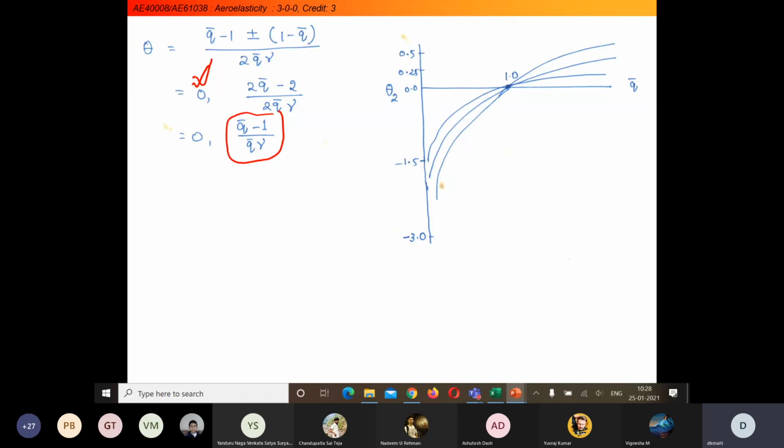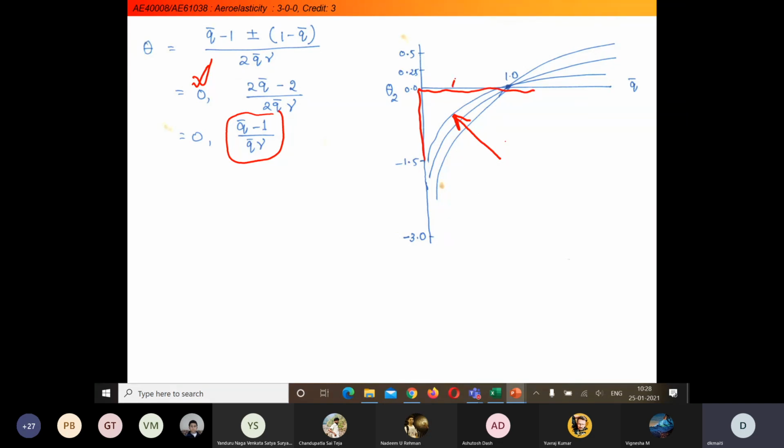Whatever we are getting, if I plot this in terms of different values of alpha, I am getting this. If alpha r is 0, then this is the root.